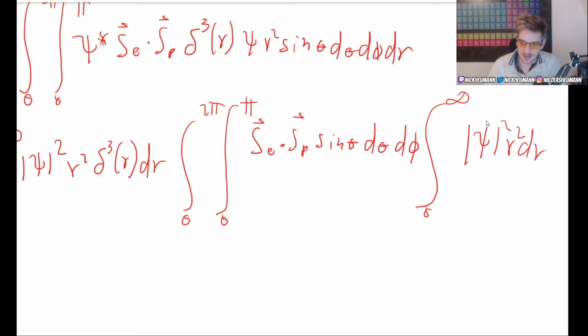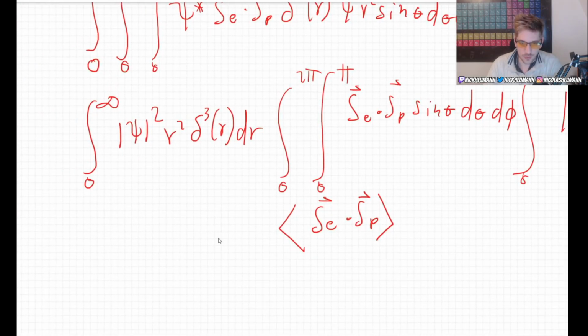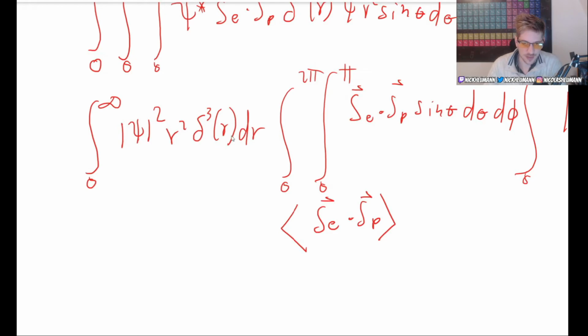And if we were to multiply by it here, then this entire thing would simply be the expectation value of S_E dot S_P. So this is perfectly legal, there's nothing wrong with this. Now that we got rid of the annoying delta that was in there, this is simply the expectation value of this.